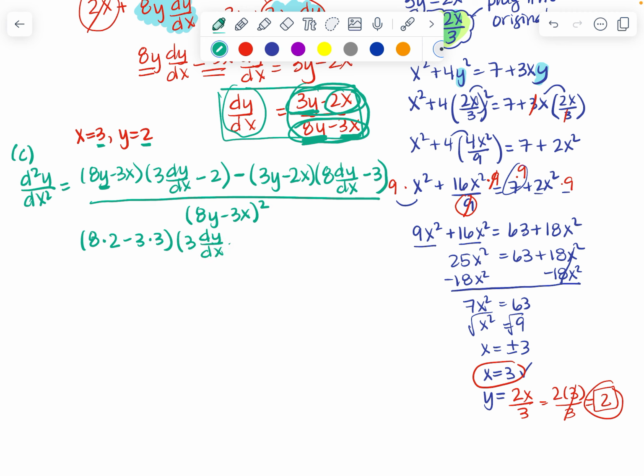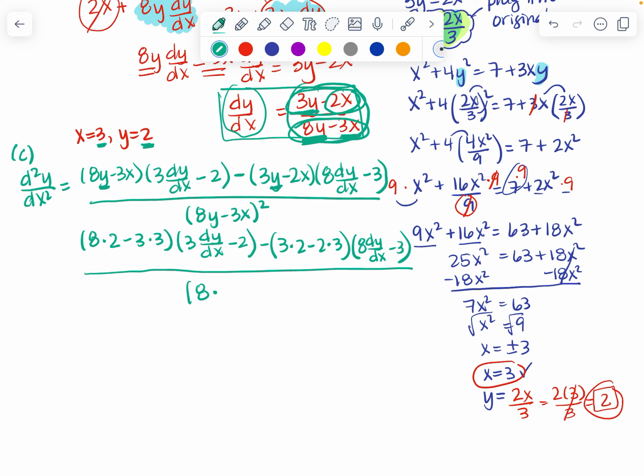Okay, 3 dy dx minus 2 minus, and then I have 3 times y, which was the 2, minus 2 times x, which is the 3, and then times 8 dy dx minus 3. Again, I'm going to deal with the dy dx in a minute. And then all over 8 times the y is 2 minus 3 times the x is 3 squared.